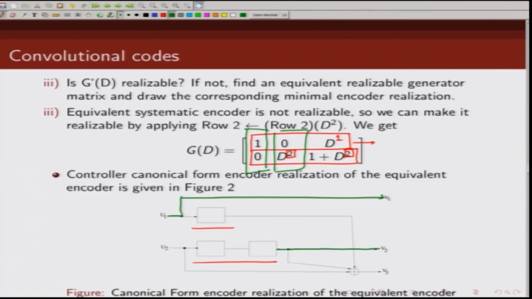And the third output is D times U1, which is this one, and 1 times U2 and D square times U2. So, that is this. This is our third output.